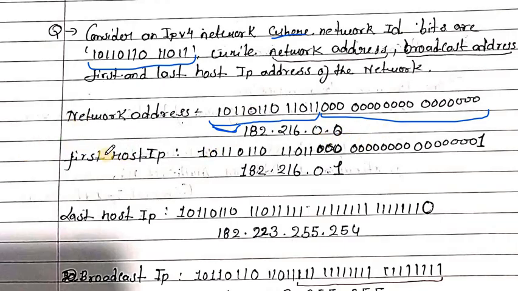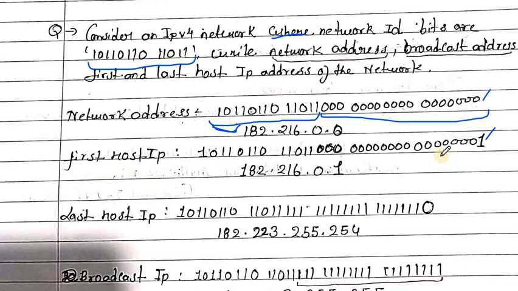Now the first IP address of this network. We already said that all zeros is a special IP address, so it can't be considered the first IP address because it cannot be allocated to any user.